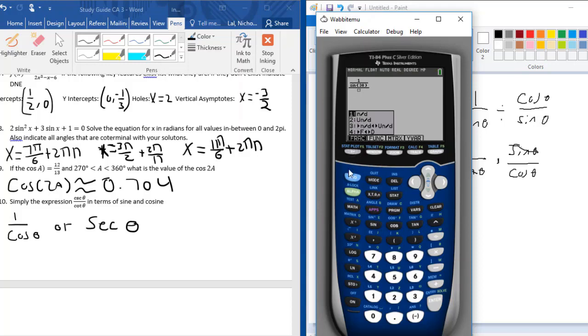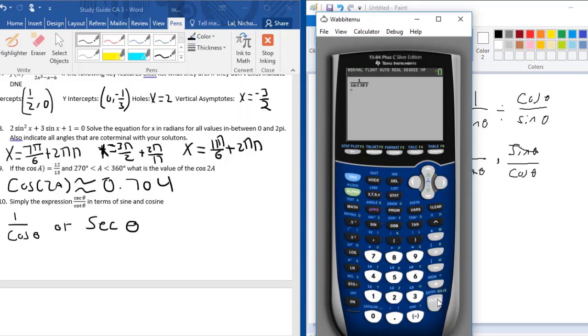So then you can plug this in. Cotangent is cosine over sine, so you do the cosine of 30 over the sine of 30. You could also do 1 over the tangent of 30. Cotangent is cosine over sine, or 1 over tangent.